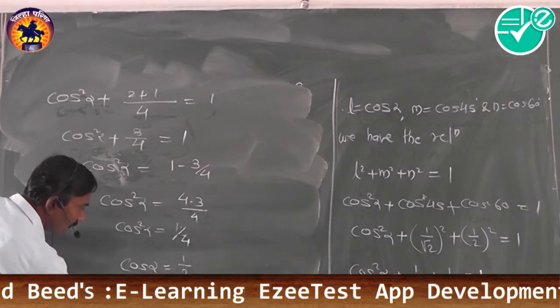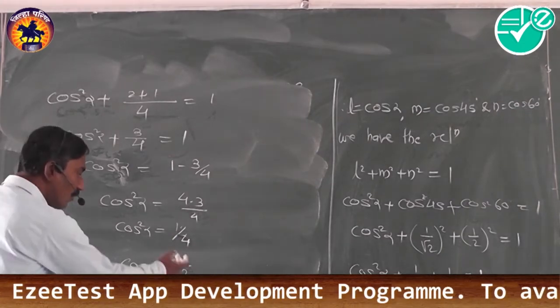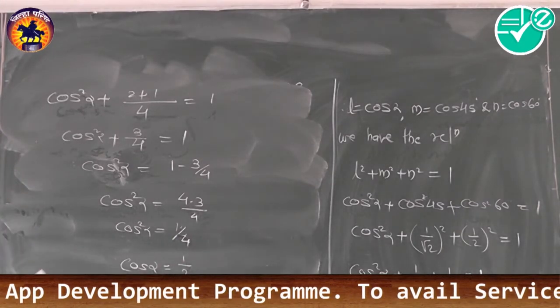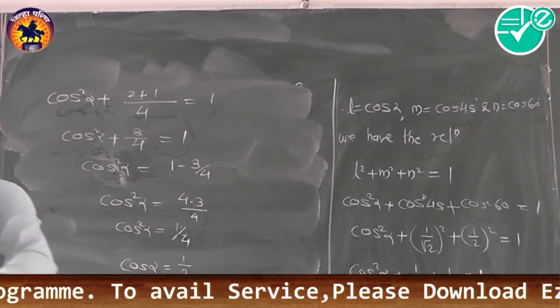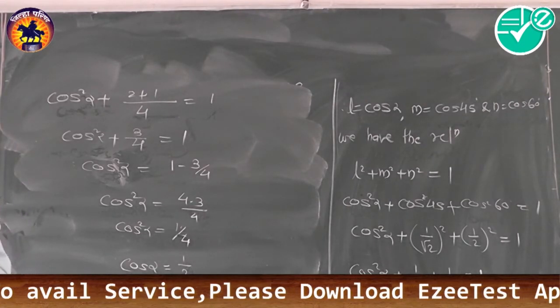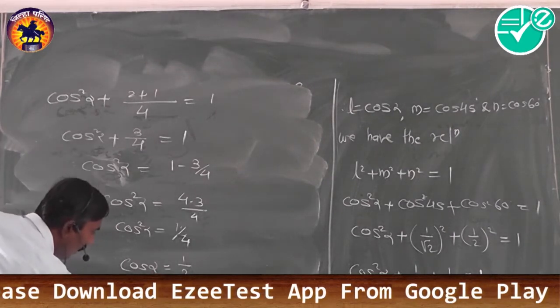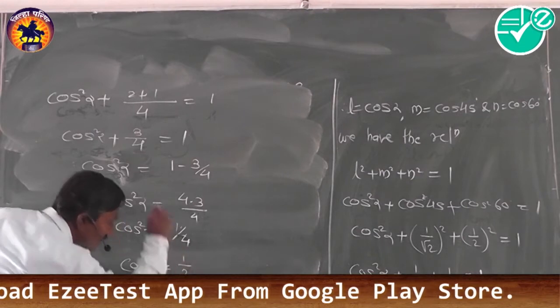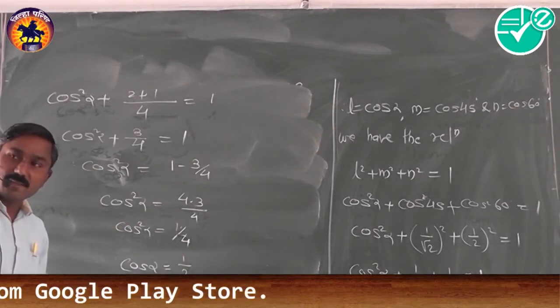What is the value of alpha? Alpha is equal to 60 degree. So that is our required answer.